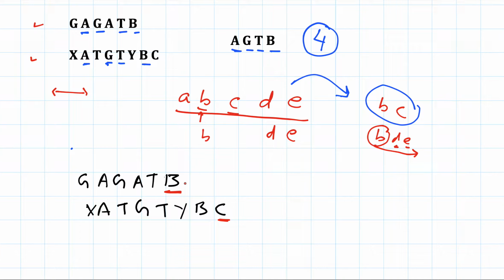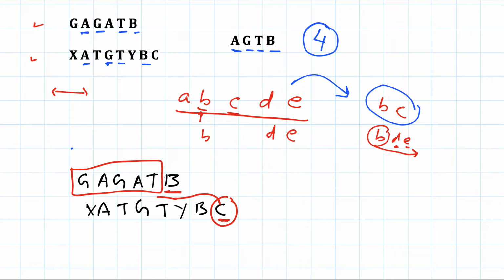These are not equal. That means either C can be part of the longest common subsequence, or B can be part of the subsequence. If C is part of the subsequence, then it has to match with some part of the other string. It cannot match with B because we know it's not equal.